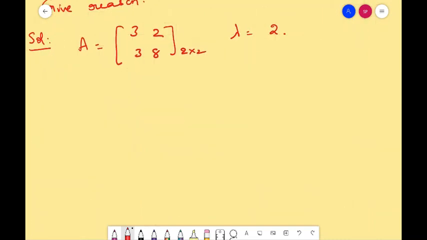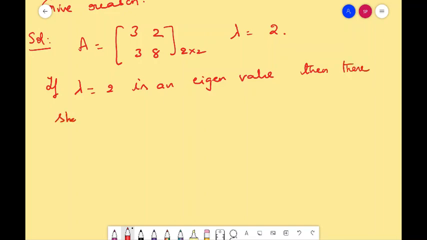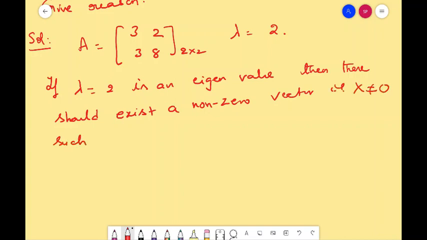So what do we write? If lambda equal to 2 is an eigenvalue, then there should exist a non-zero vector, that is x not equal to 0, such that Ax is equal to lambda x.